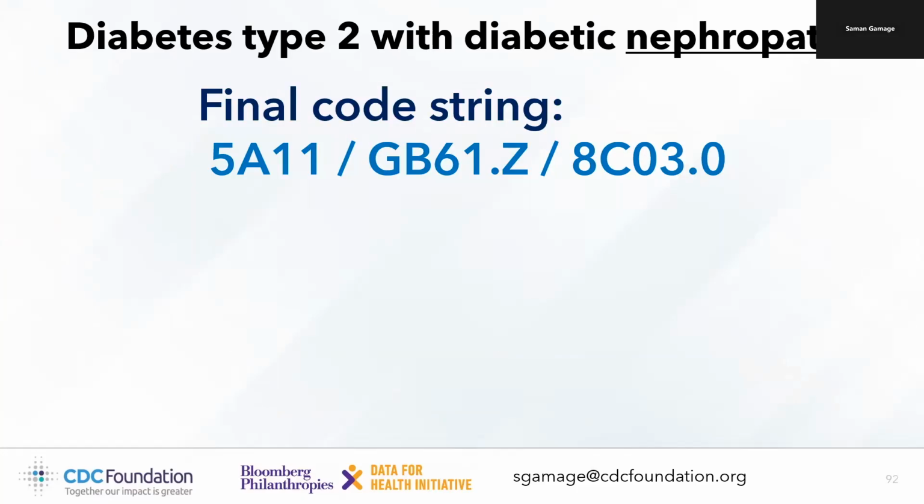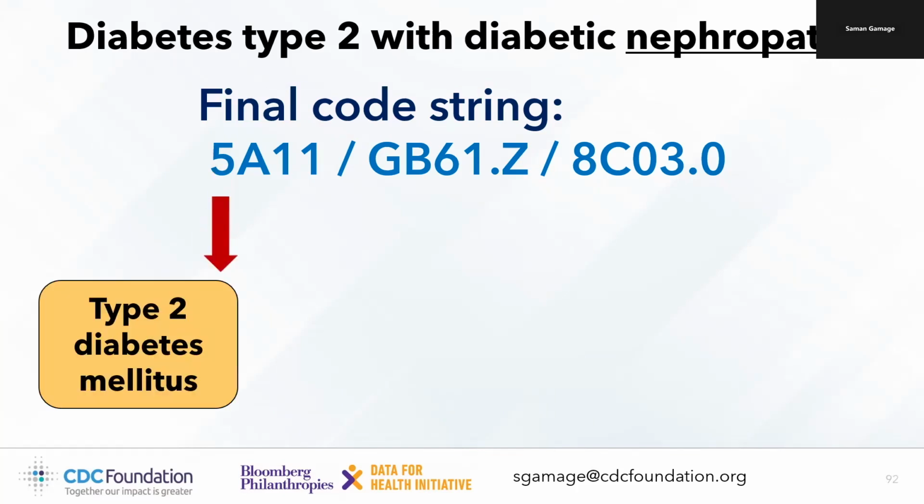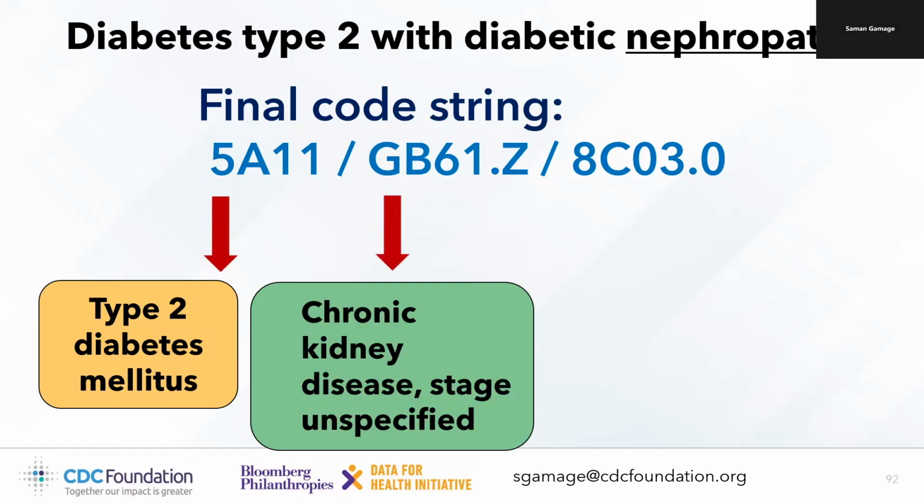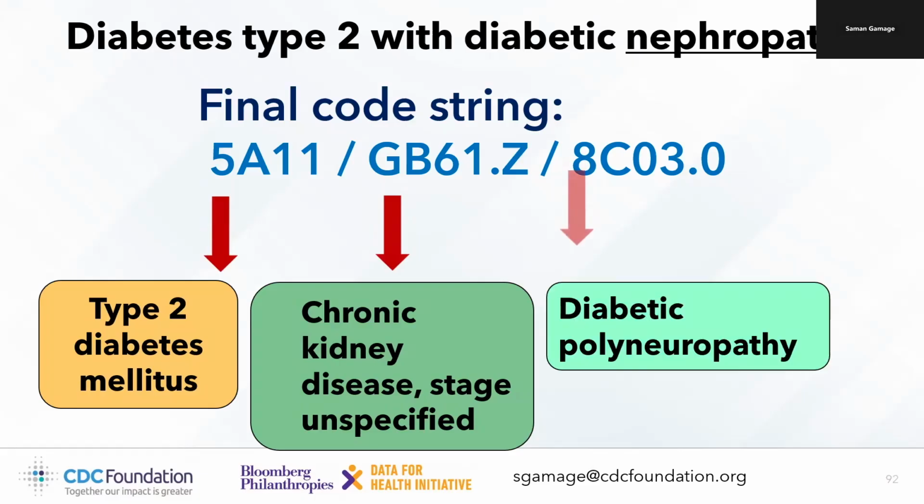The final code string for type 2 diabetes mellitus with diabetic nephropathy and neuropathy is 5A11 forward slash GB61.Z forward slash HC03.0. 5A11 for type 2 diabetes mellitus, GB61.Z for chronic kidney disease stage unspecified, HC03.0 is for diabetic polyneuropathy.